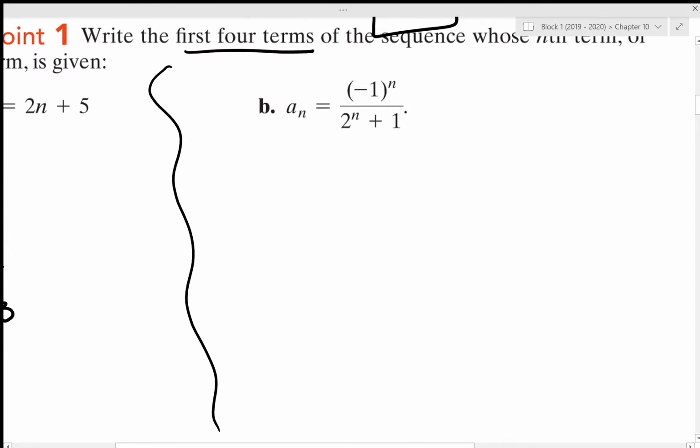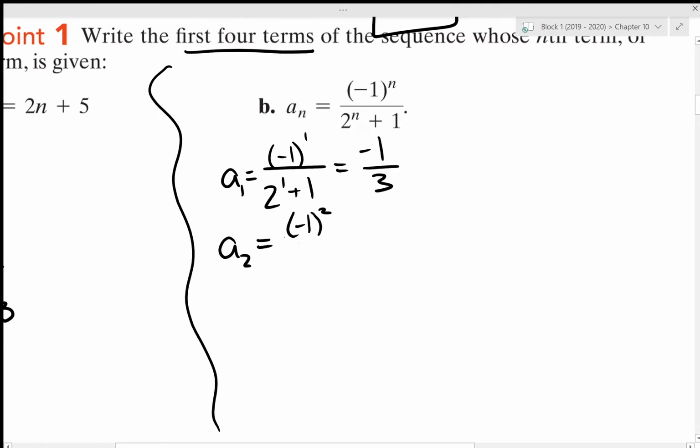With B, a of 1 is negative 1 to the first over 2 to the first plus 1. So negative 1 to the first is negative 1. 2 to the first is 2, plus 1 is 3. A of 2 is negative 1 squared over 2 squared plus 1. So it's positive 1 over 4 plus 1, which is 5.